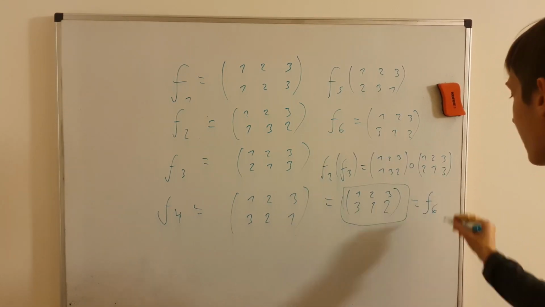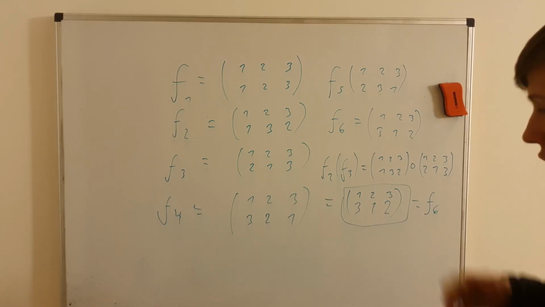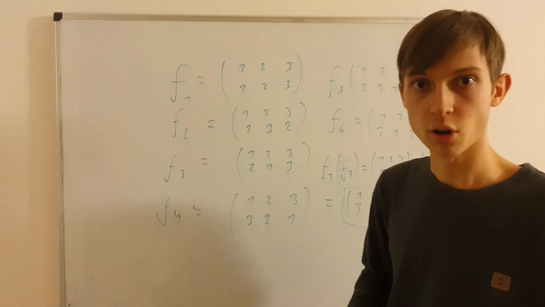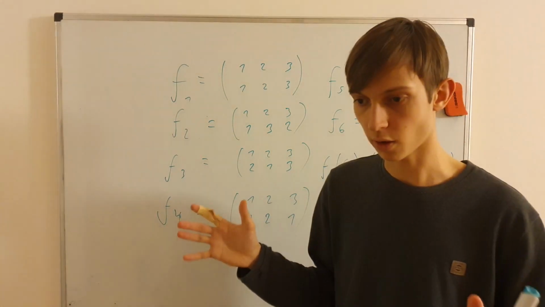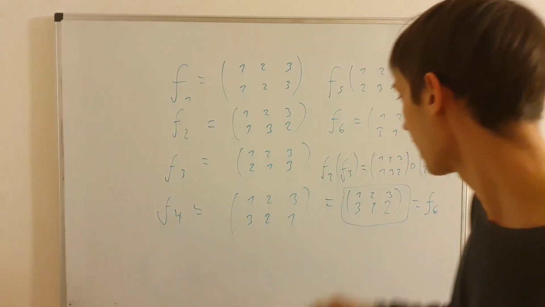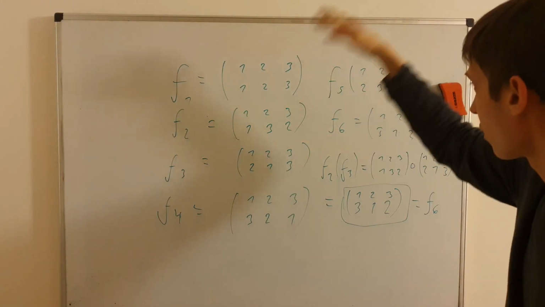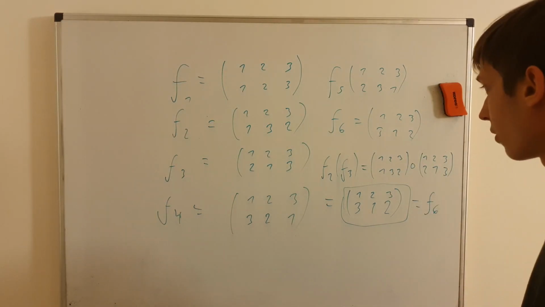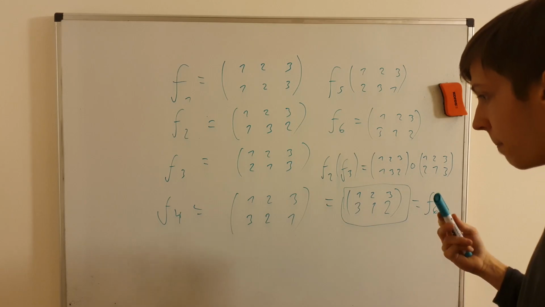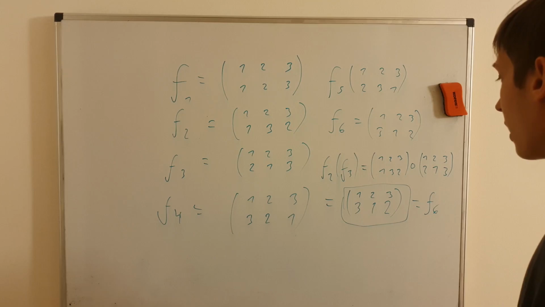So f6 is the result in the group of permutations of the operation between f2 and f3, because we define the operation to be function composition, and it is the function I denoted as f6 in the beginning. Of course, the order of these permutations doesn't follow any necessary or pre-meant pattern in advance, but it simply is one of the elements.